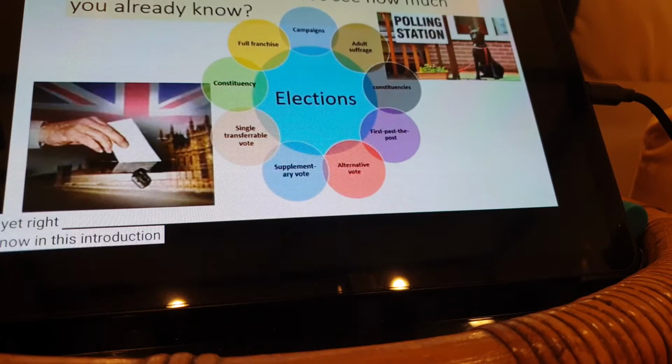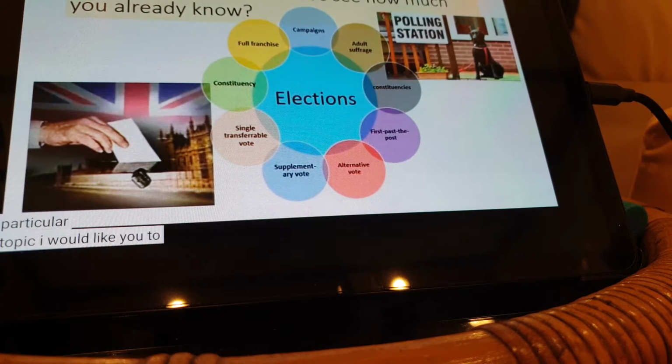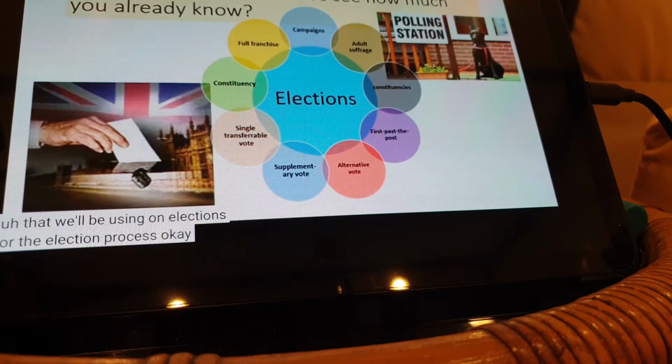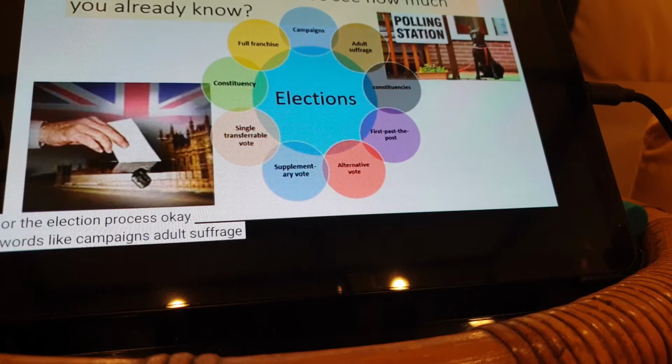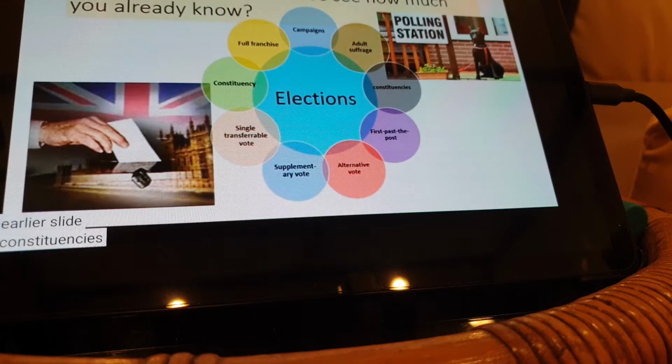So in this introduction to this particular topic, I would like you to have a look at these various words or terminology that we'll be using on elections or the election process. Words like campaigns, adult suffrage, this you have heard already from the earlier slide. Constituencies, what are constituencies?